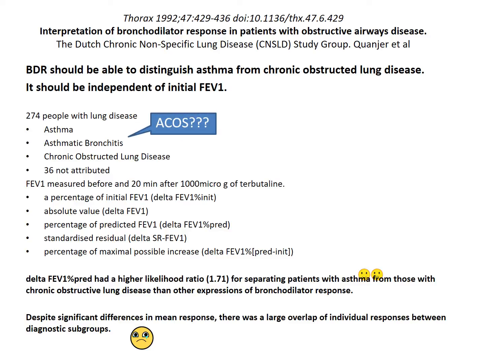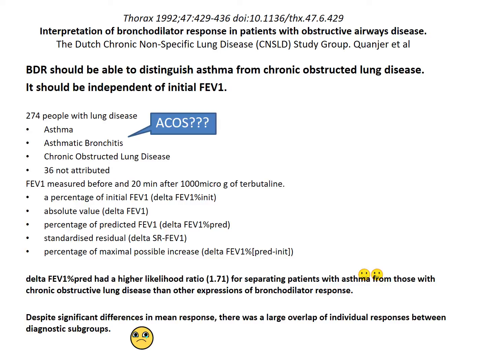Now, I'd just like to point out here that there's a current buzz that people get excited about, the asthma COPD overlap syndrome. But in 1992, I think they already had this, and they just called it asthmatic bronchitis.